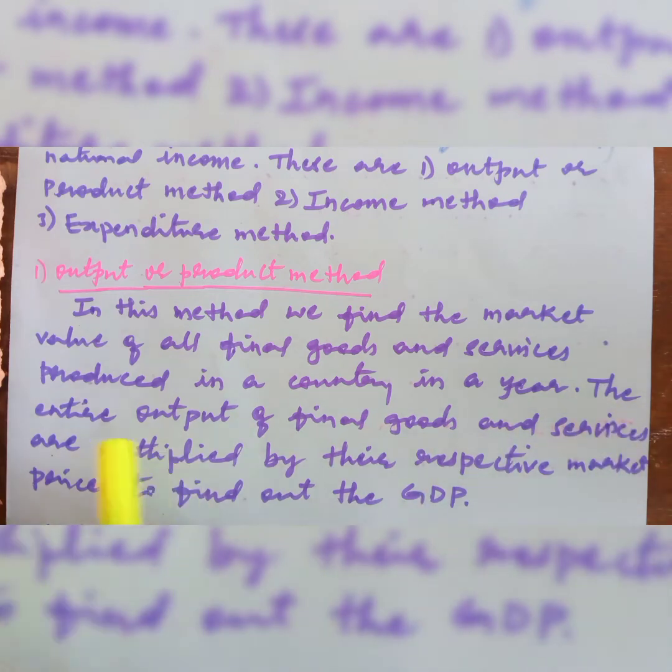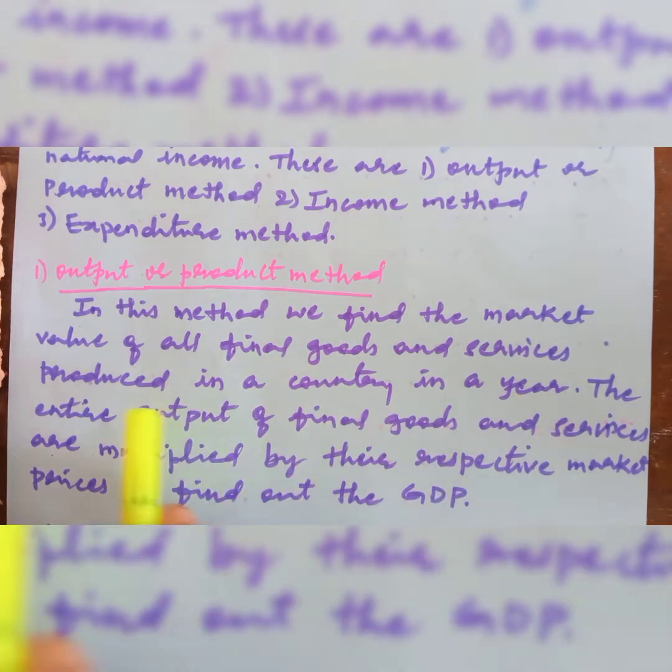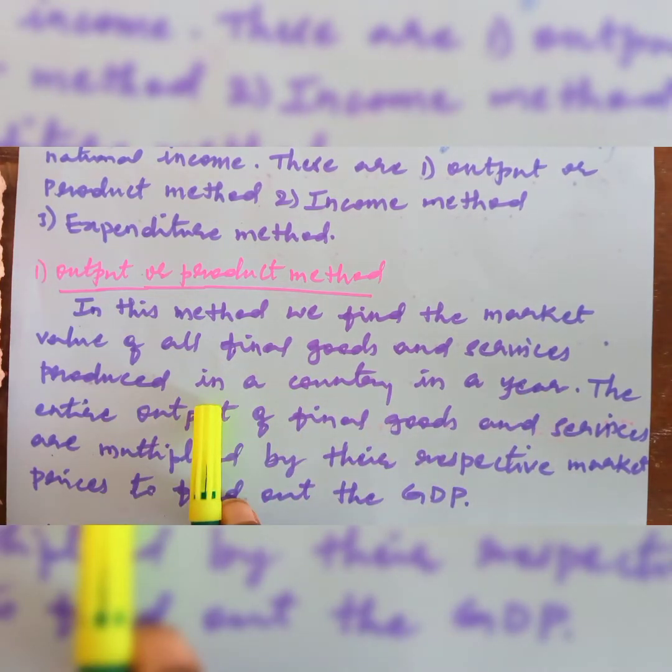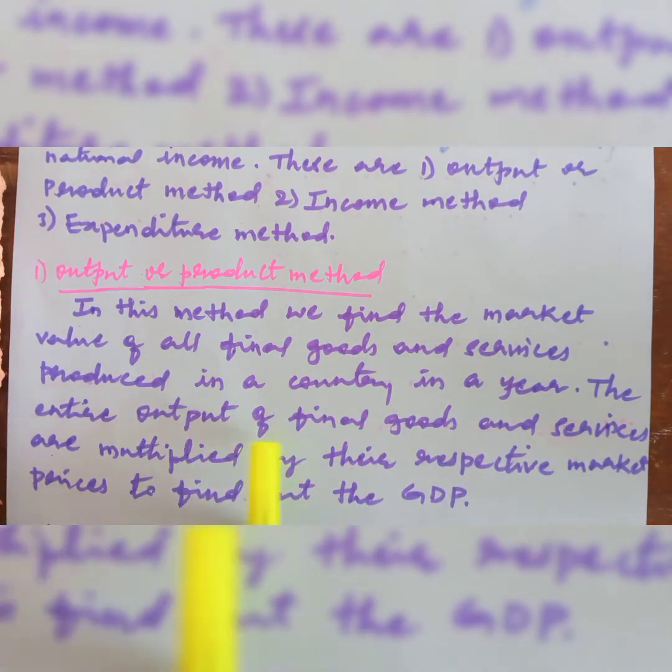Okay, the entire output of final goods and services are multiplied by their respective market prices to find out the GDP. Entire output means which goods have completed the production, and services, those type of final goods and services only multiplied.